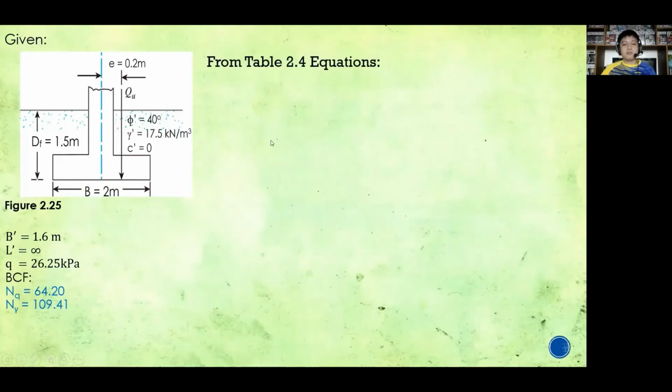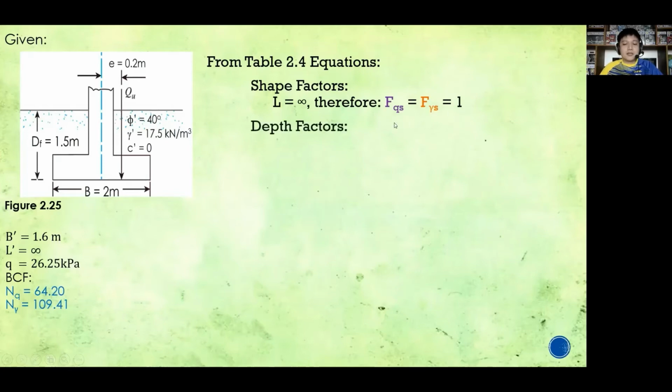From table 2.4 equations, first are the shape factors. Again, for long, continuous, or strip footing, since L or L prime is equal to an infinite value, our Fqs and F gamma s are all equal to 1.